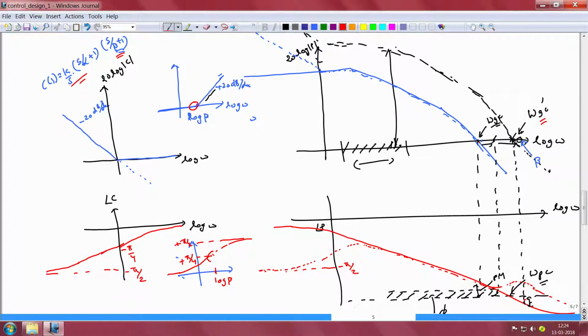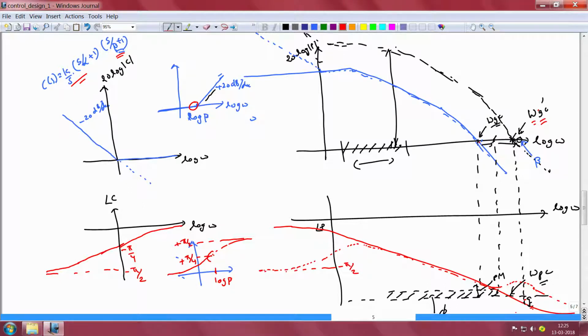Therefore, if one were to focus on the phase characteristic in the vicinity of the gain crossover frequency omega gc prime, one notices that with just the PI controller, where we had k1 times k by s times s by alpha plus 1, one could only result in an unstable closed loop system because the phase lag was greater than 180 degrees.